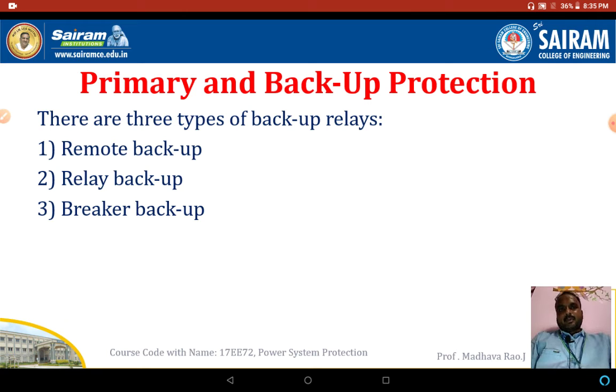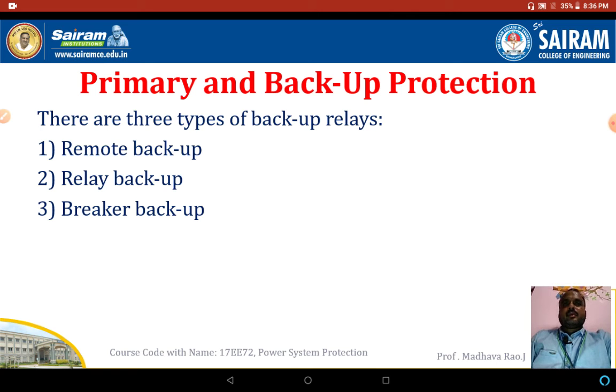So whenever the circuit breaker fails to trip on the primary relay, suppose the circuit breaker does not activate, what do we have to do? We need to use another device to trip. So you have to use another relay, and that is called relay backup protection. Next one.